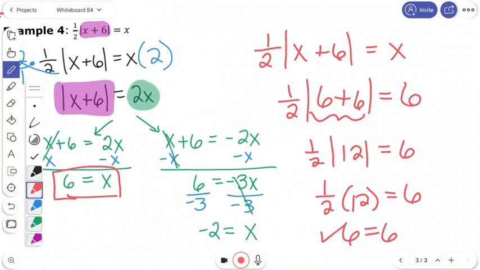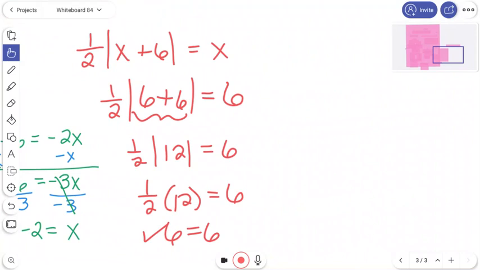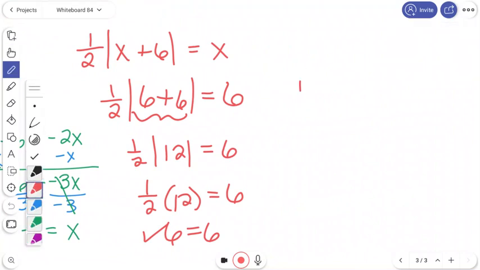Now we're going to take our second solution of negative 2. So I have 1/2 times the absolute value of negative 2 plus 6, and that should equal negative 2.